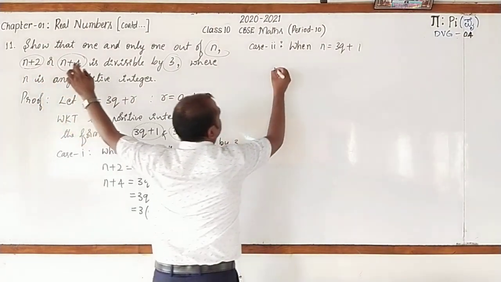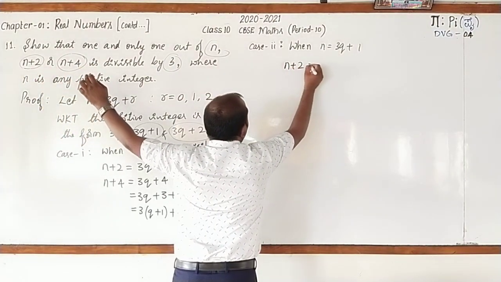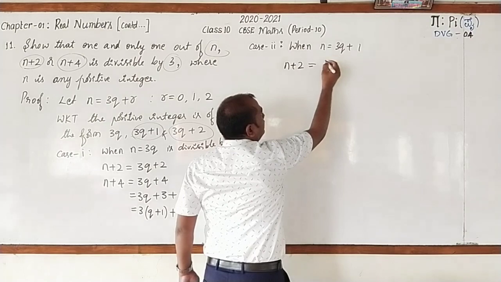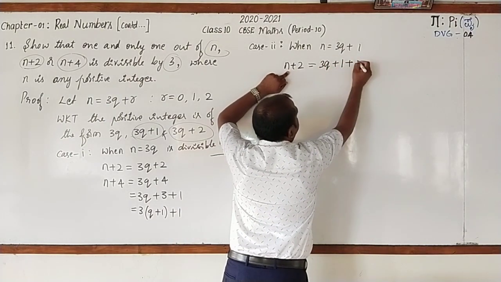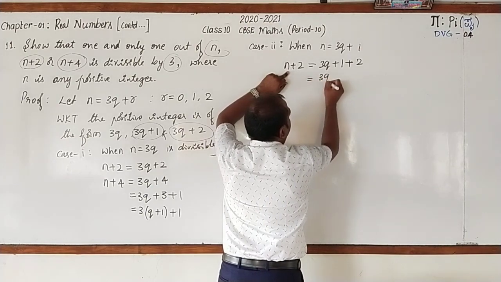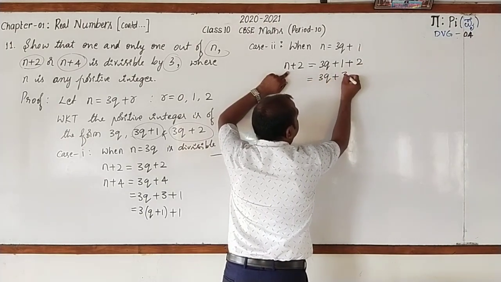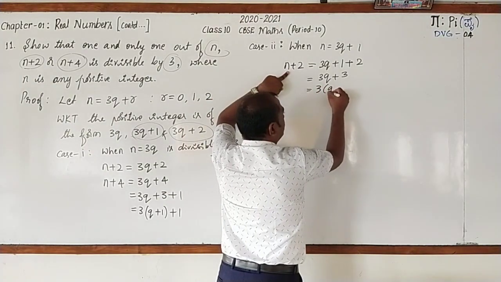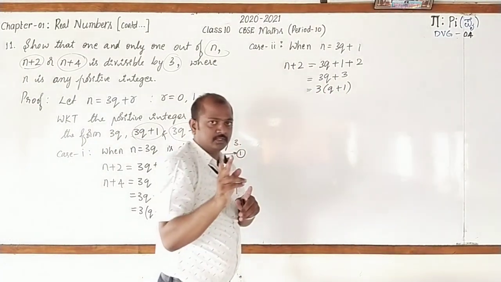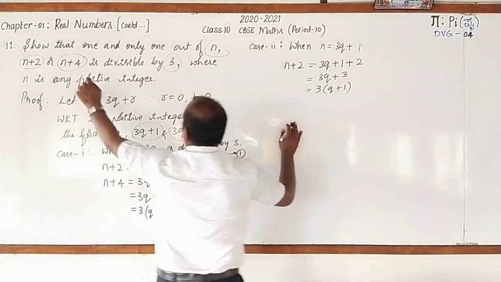Next n plus 2. N plus 2 is equal to, what is n? It is 3q plus 1 plus 2. 3q plus 1 plus 2 is 3q plus 3. You can take out 3 as common factor. 3 into q plus 1. Right? Yes.